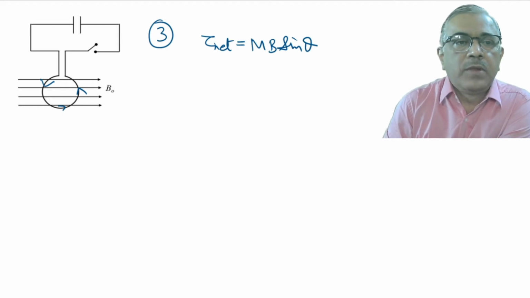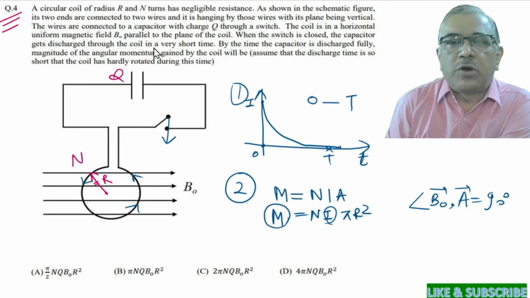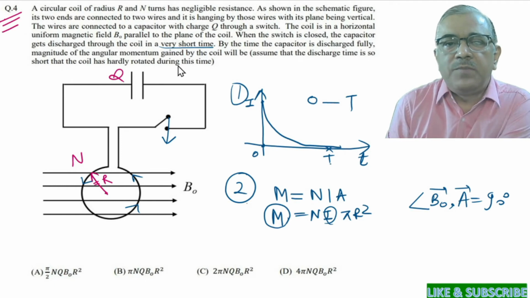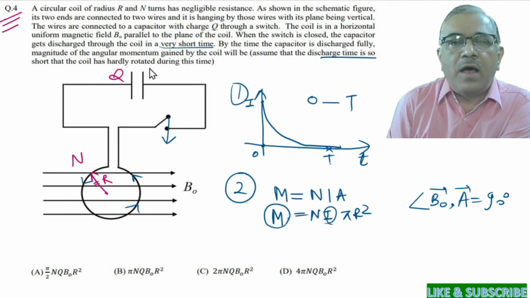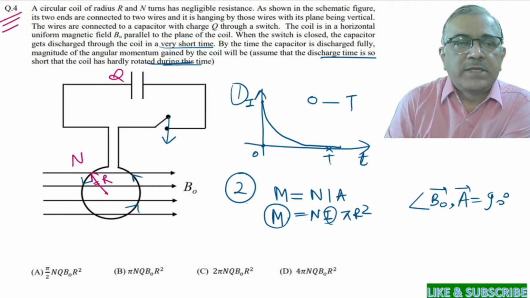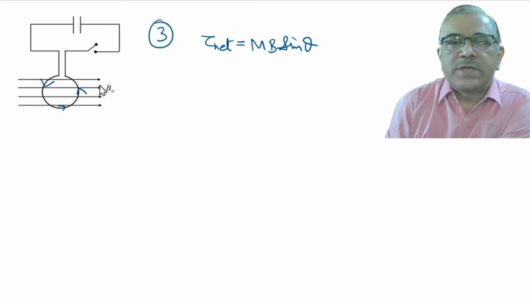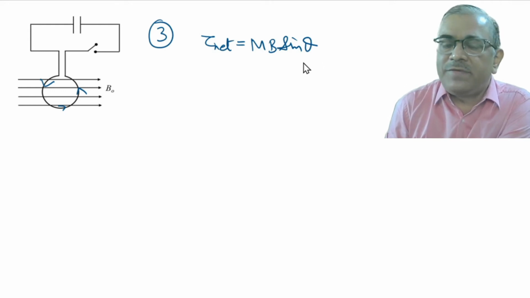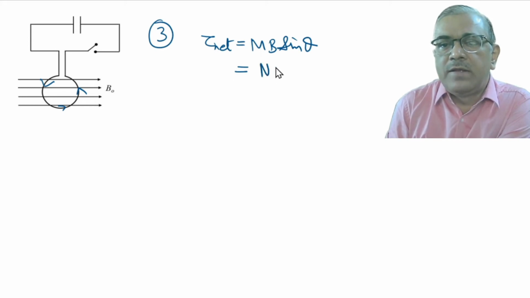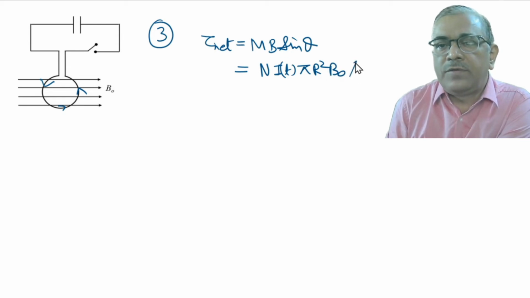According to the problem, current flows for a very short period of time, and within this time period the circular loop has hardly rotated. So we expect that during this time period the angle roughly remains 90 degrees, and hence this can be rewritten with the value of m equal to N I, which depends upon time, into A, which is pi r square, and this magnetic field is B naught, and this is sine 90.